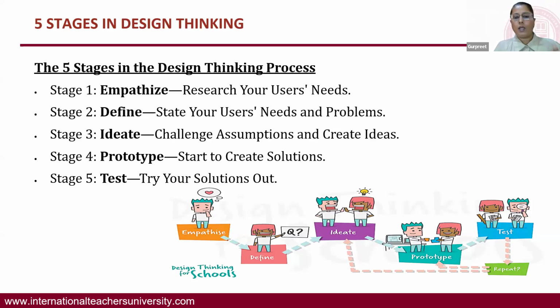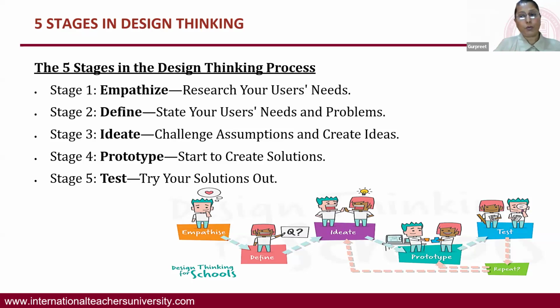And in this way, any stage in these 5 stages can be repeated. It is because design thinking is based upon what? Trial and errors. It may be possible that while ideating, that is while creating ideas, and finally going to stage 5, that is testing, it may not work. So it means at that stage, the student has to return back to defining and ideating again.